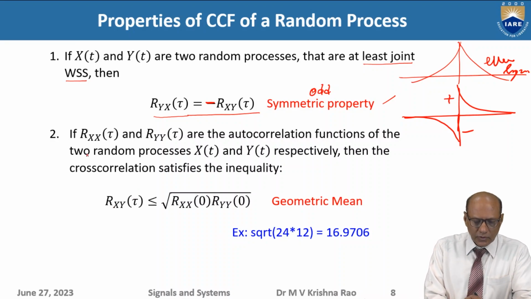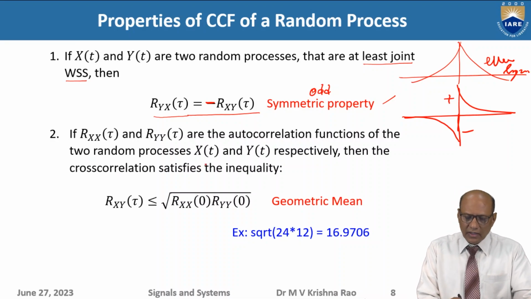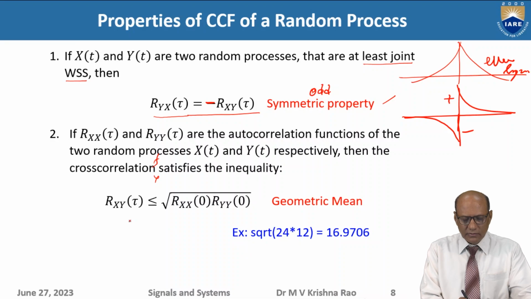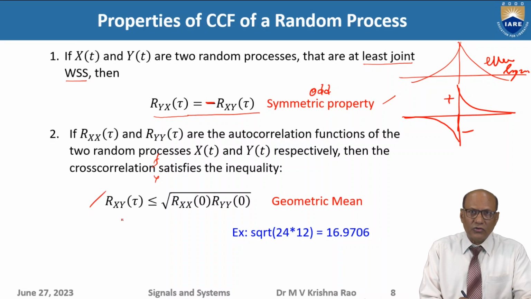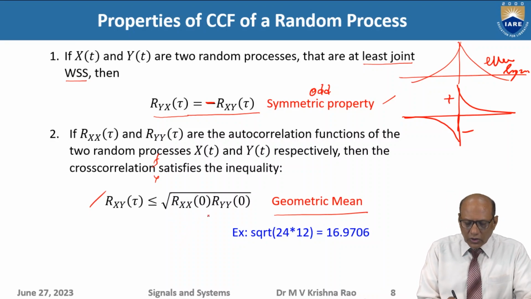Second property. RXX and RYY are the autocorrelation functions of X of t and Y of t respectively. Then the cross correlation function satisfies the inequality given by this. So what it means is this RXY cross correlation function cannot be more than the geometric mean of both autocorrelation values RXX and RYY at origin.